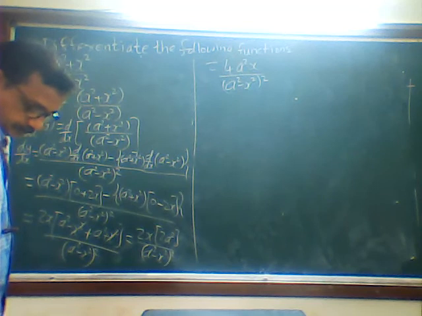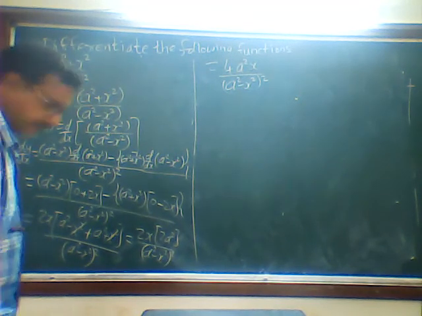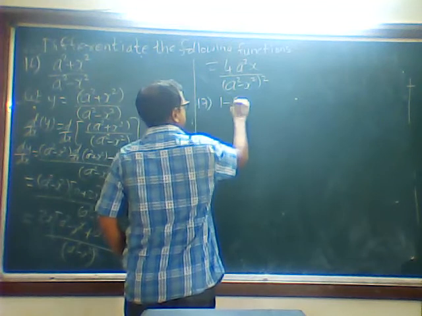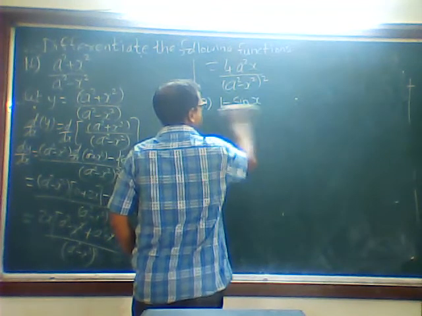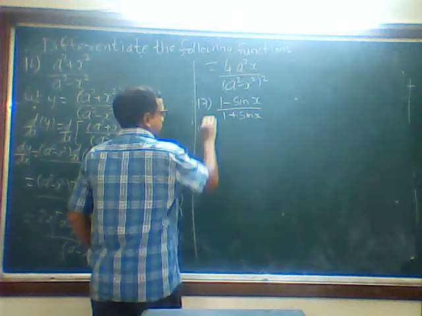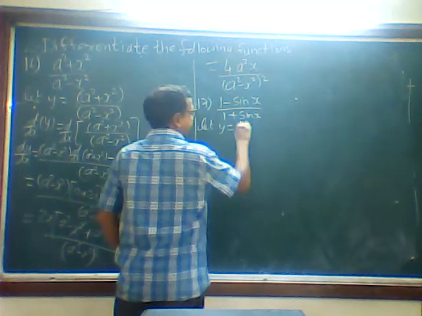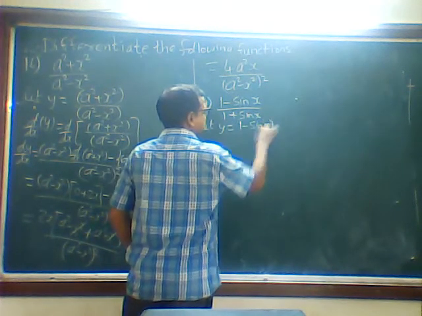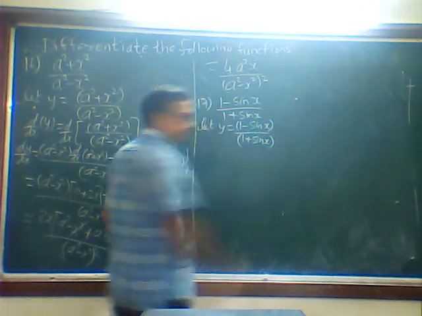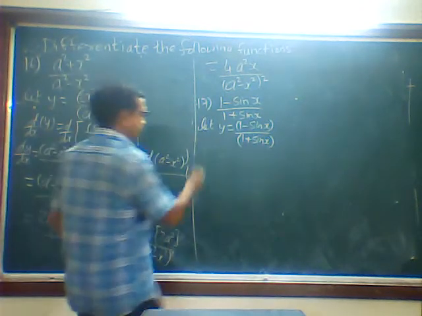Okay. Next, 1 minus sin x divided by 1 plus sin x. Again, I'll write let y equal to, write the brackets. I'll make it as 1 now. Then d by dx of y.